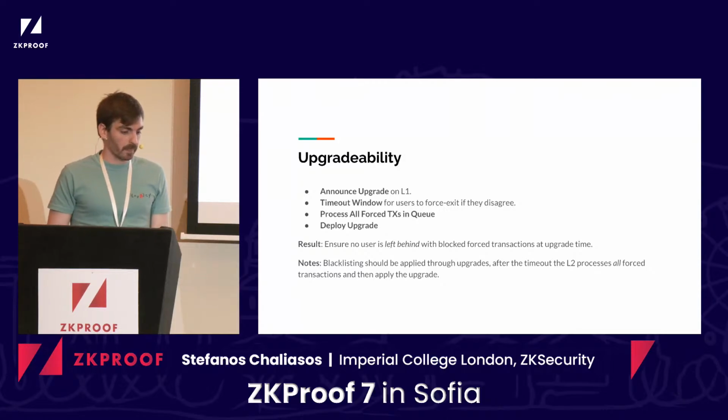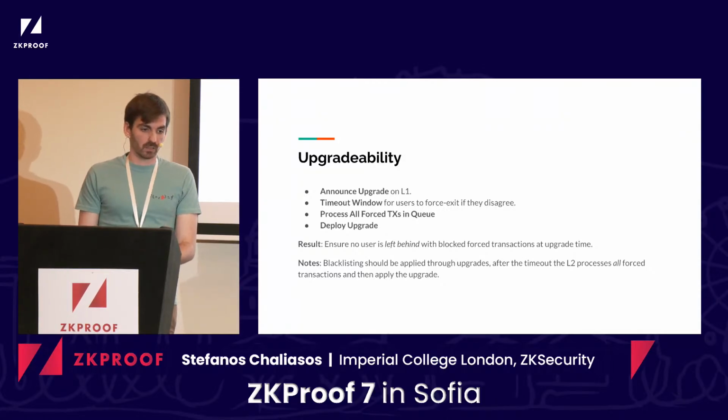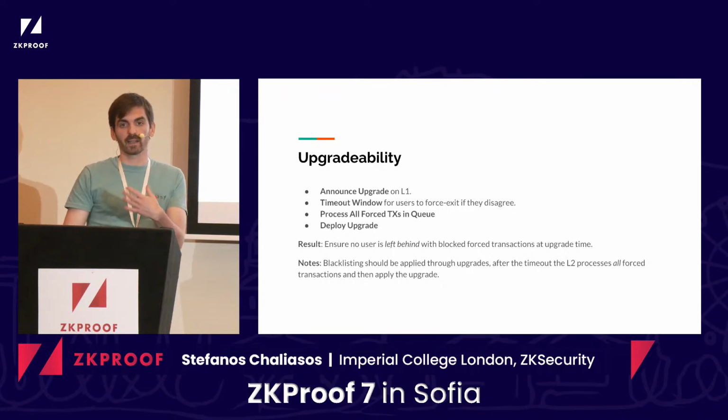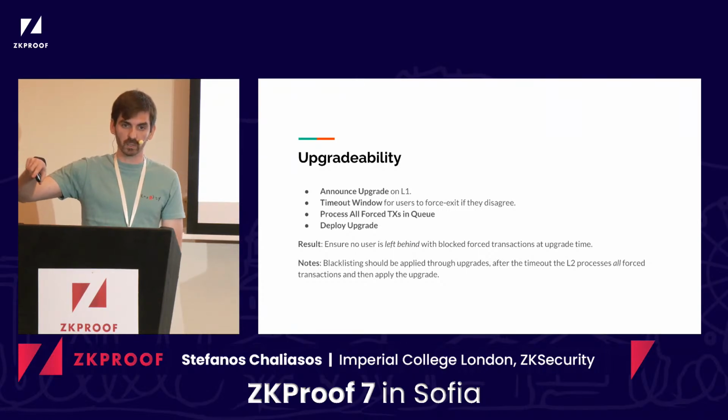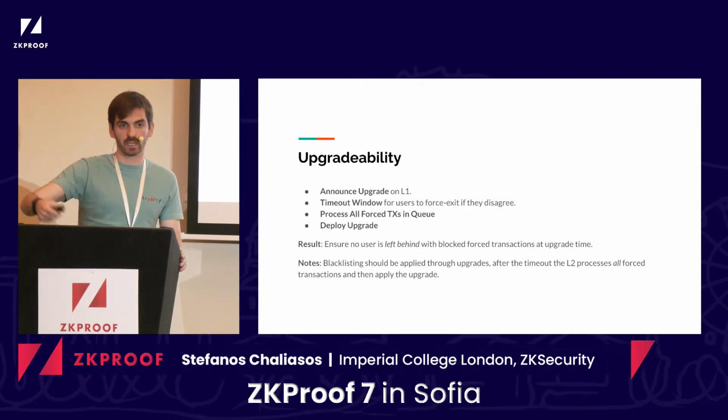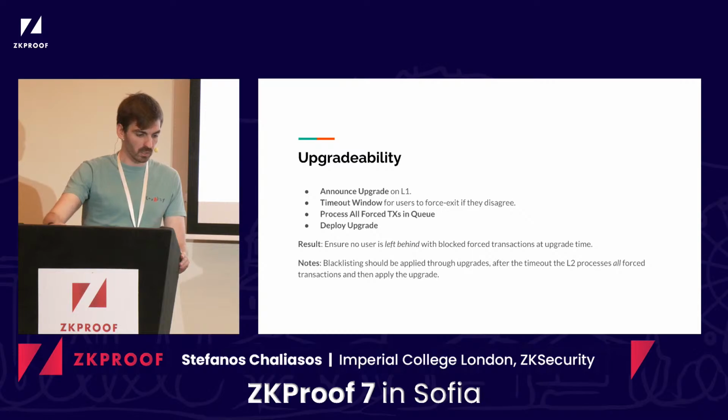And basically how that works is that you should announce the upgrade on the L1. Then you should have some timeout window that allows users to submit transactions to the first queue if they can't, for example, exit through the L2. So they should have some time that they can include their transactions in an L1 block.